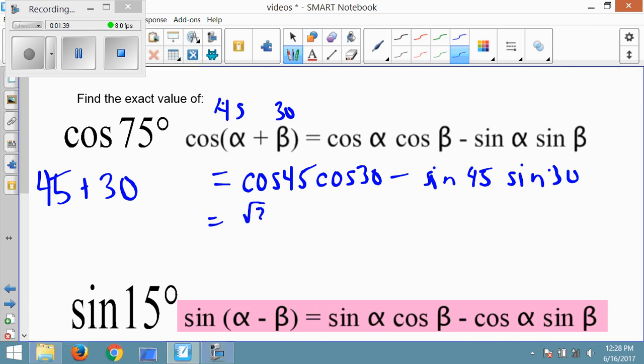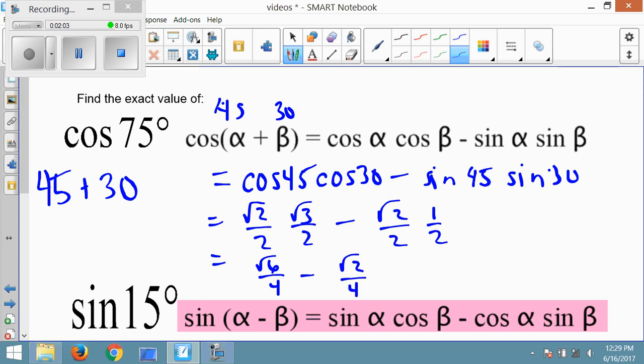The cosine of 45 is the square root of 2 over 2, and the cosine of 30 is the square root of 3 over 2, minus the sine of 45, which is the square root of 2 over 2, and the sine of 30 is 1/2. So we end up with the square root of 6 over 4 minus the square root of 2 over 4. And since they have a common denominator, the exact value of this angle would be the square root of 6 minus the square root of 2, over 4. So we can find out what those angles are.